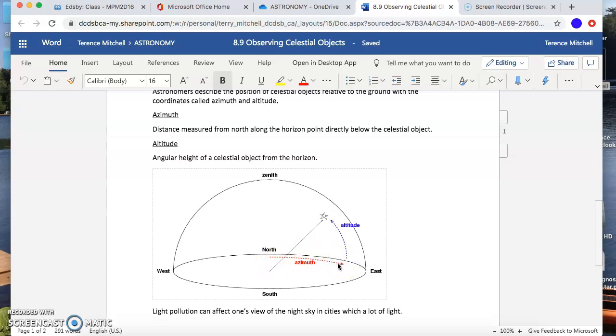And then if that star appeared right here at the horizon, it might be only a degree or two altitude. But as I have to tilt my head upwards to look at it, we can see here that this star might have a 35 to 40 degree altitude. So 60 degrees azimuth from north, and then let's say 40 degrees altitude, and I would be looking right at that star.